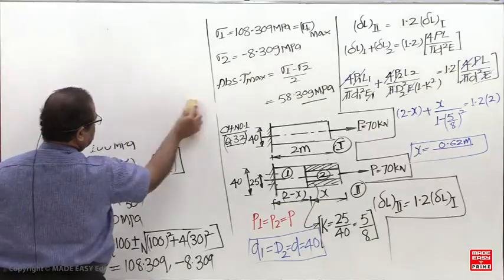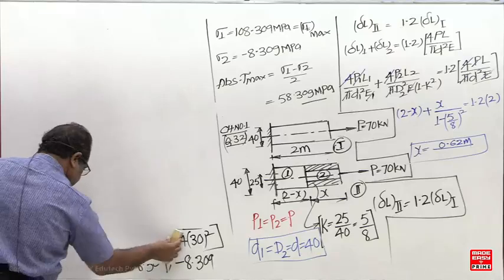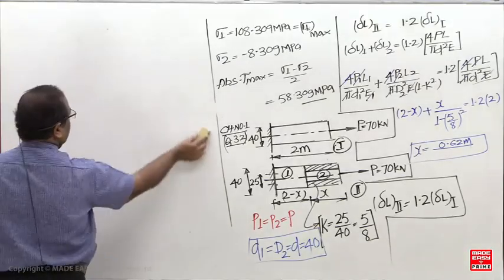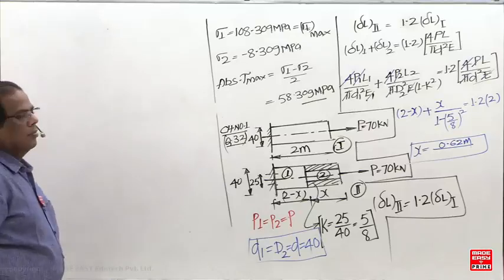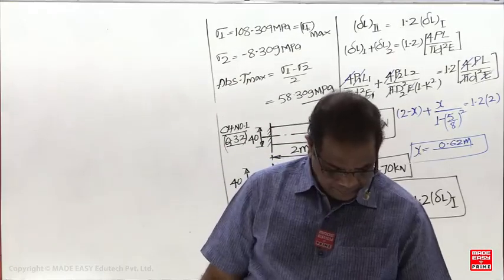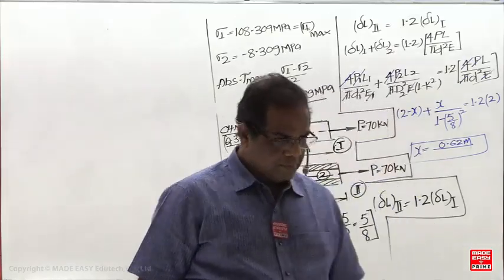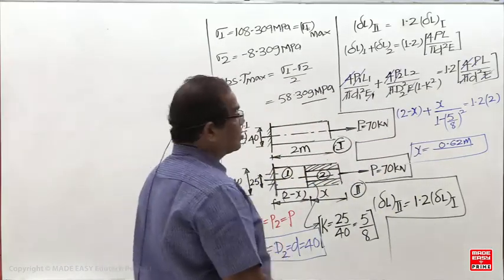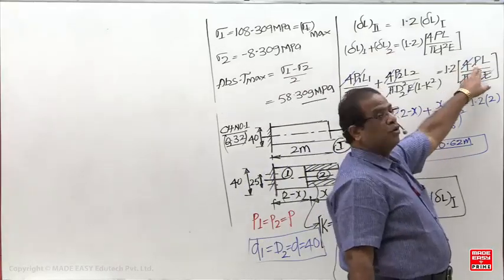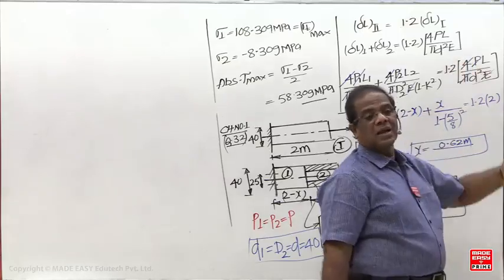Wherever required, cut down the calculations. Some students will first find out the change in length of this. They will substitute the load given, length given, diameter given, E given, and do all these numerical calculations.